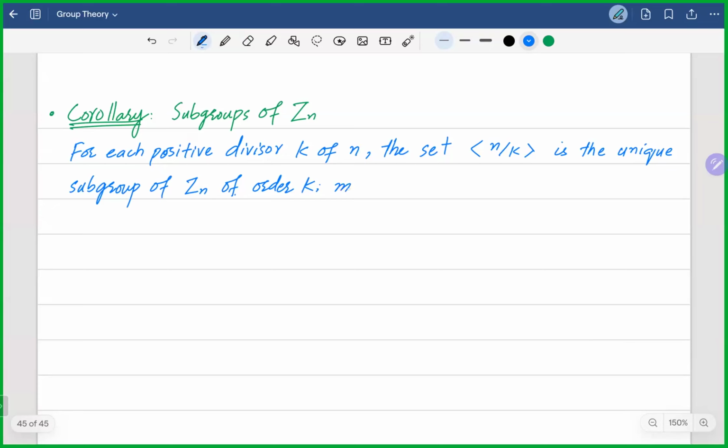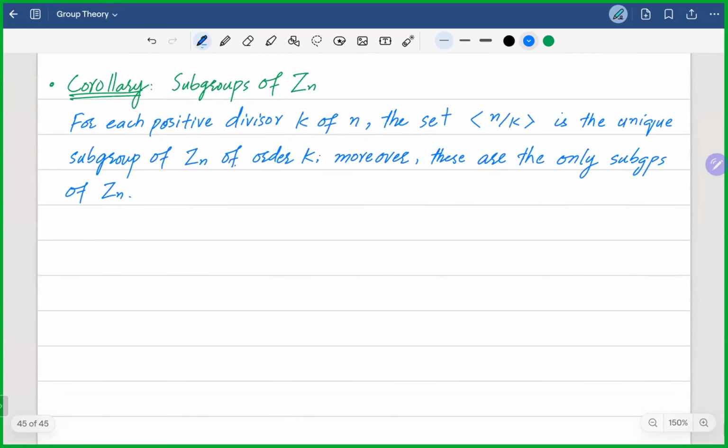Moreover, these are the only subgroups of Zn.